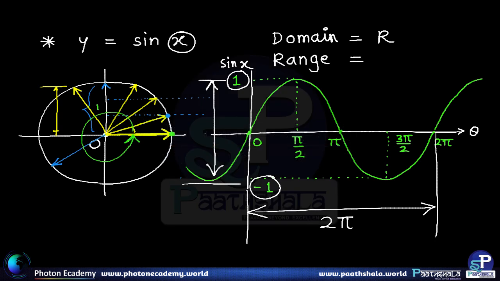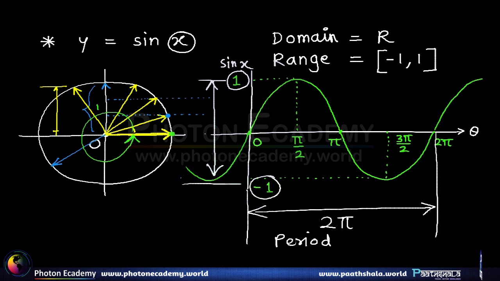And 1 and -1 themselves are also permissible values, of course. So therefore range is the closed interval from -1 to 1. Now from the figure, as we just saw, the period of the function is nothing but 2 pi radians, right? And here is the graph of the function.